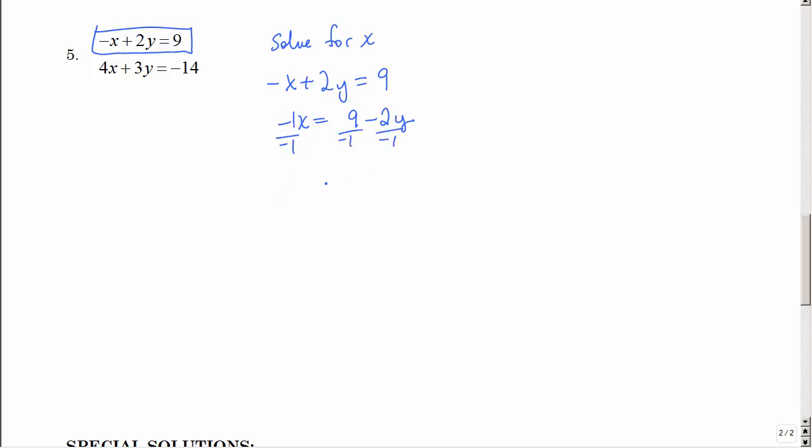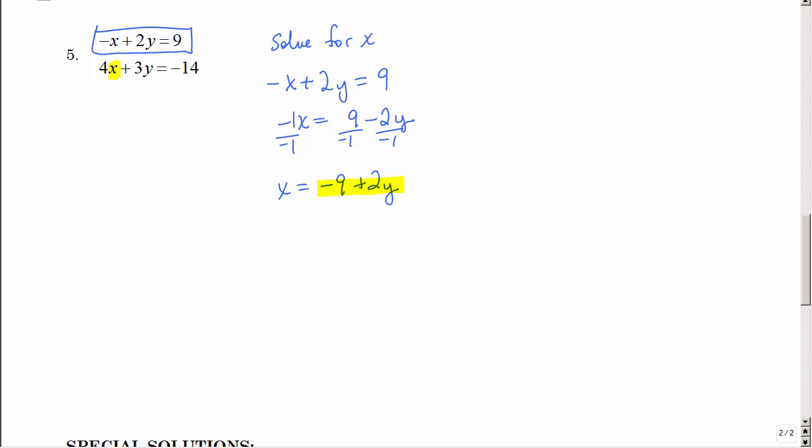So I'm going to divide everything by -1. Then I substitute this into the other equation. You could have solved for y. I know my example's kind of all solving for x, but you choose the one that's the most convenient.